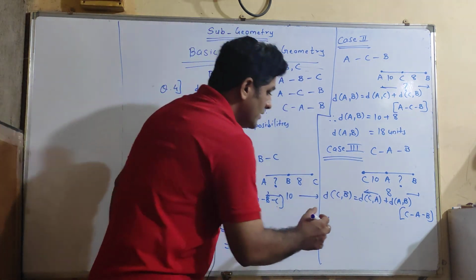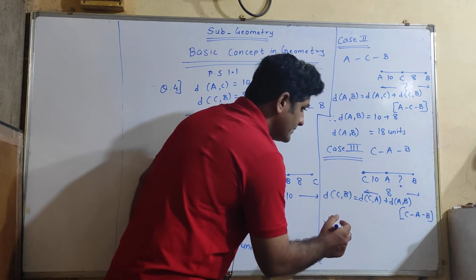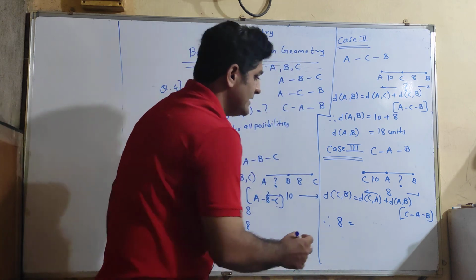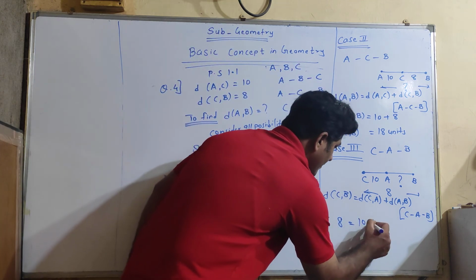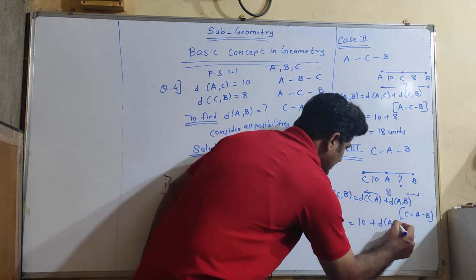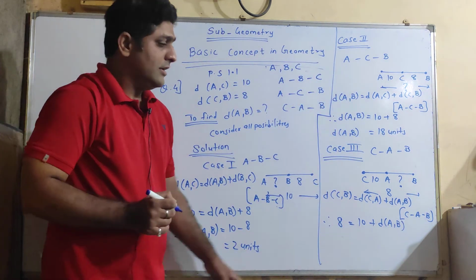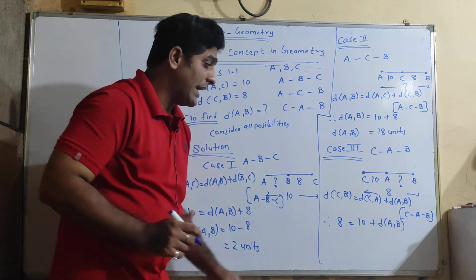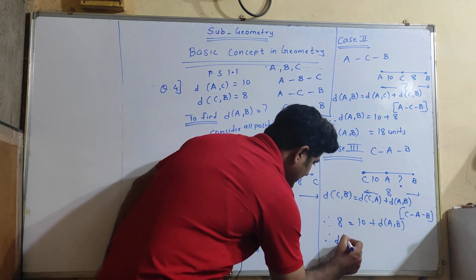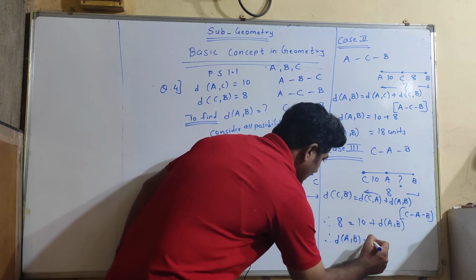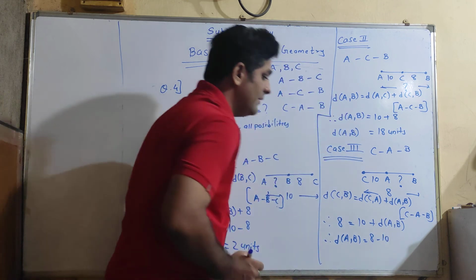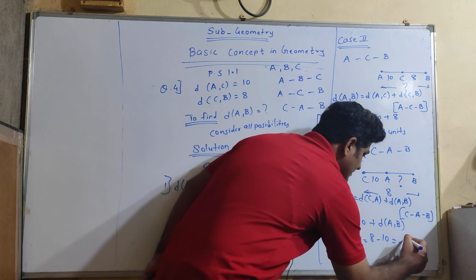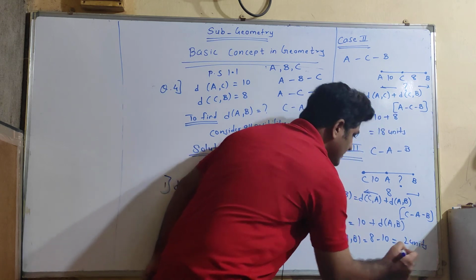Distance CB is 8, distance CA is 10, distance AB we are supposed to find. Now this plus 10 students, goes on the other side, becomes minus 10. So distance AB is 8 minus 10, and the answer is minus 2 units.